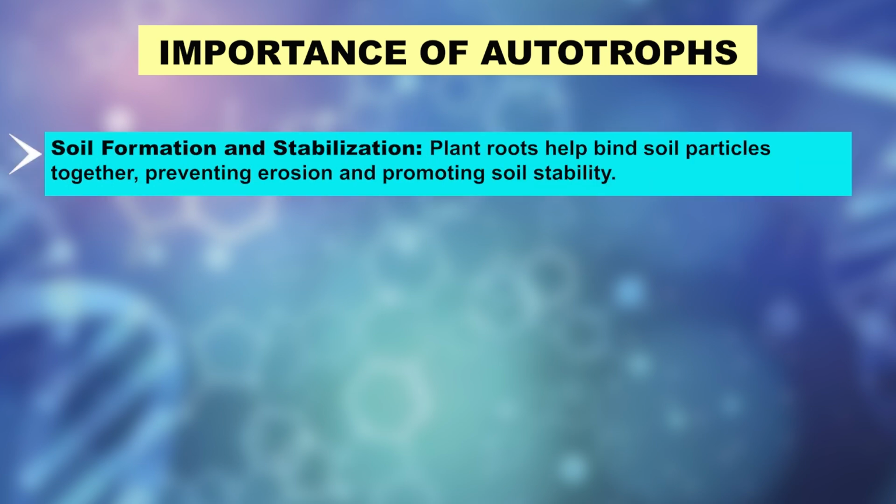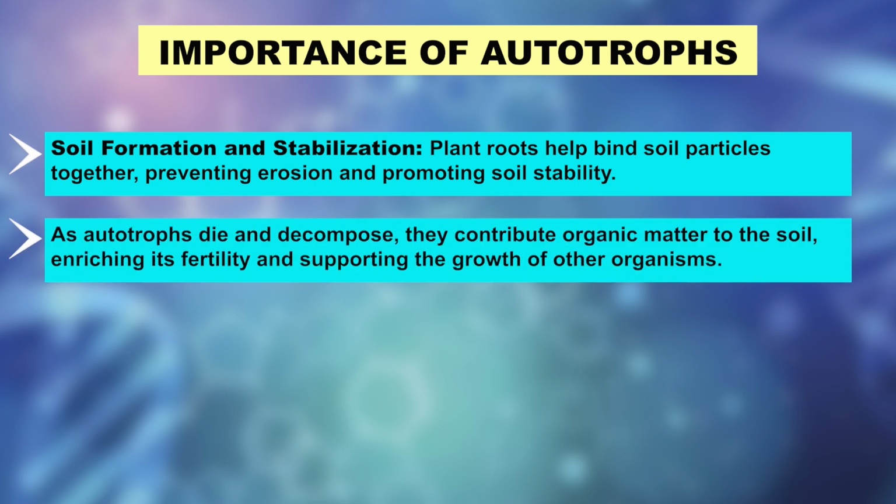The next importance is formation of soil and its stabilization. Plant roots help to bind the soil particles together, preventing erosion, which basically makes the soil stable. As autotrophs die and decompose, they contribute organic matter to the soil, enriching its fertility and supporting the growth of other organisms.